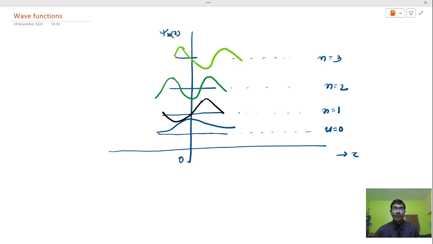These are our wave functions, and we deduce how to draw this graph.